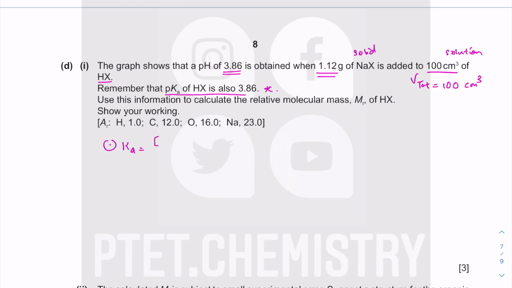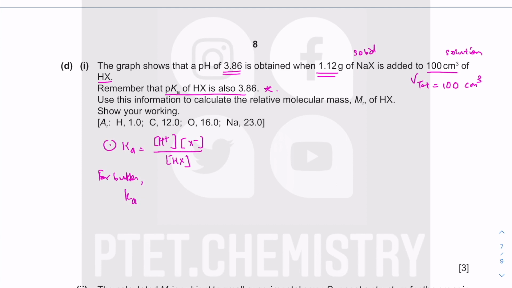Ka is [H+][X-] over [HX]. All right, so all this refers to the equilibrium concentration. But now, for a buffer, you have a lot more of the salt of the weak acid, which fully dissociated.